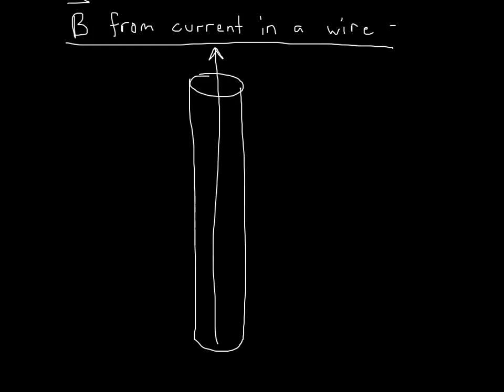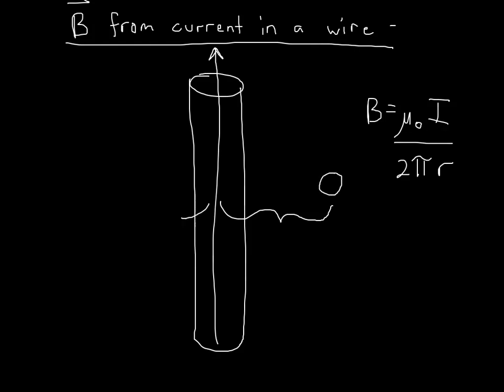This particular wire will make a magnetic field, B, that's equal to mu naught, which is a constant, times the current in the wire, divided by 2 pi r, where r is some distance away from the wire that I'm going to go. So I'm going to create a magnetic field at this point. If I go some distance on the other side of the wire, we'll call this r as well, I'm going to create the same magnetic field. But what's going to change is the direction of that magnetic field.